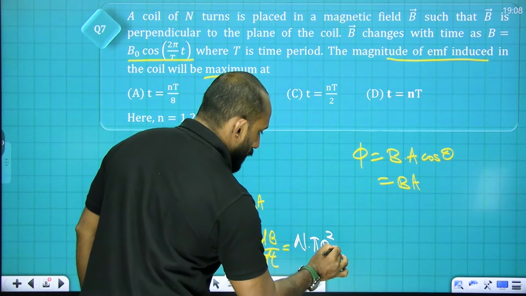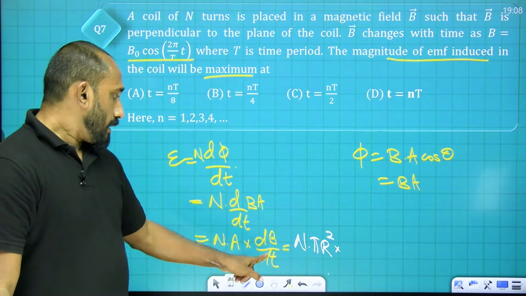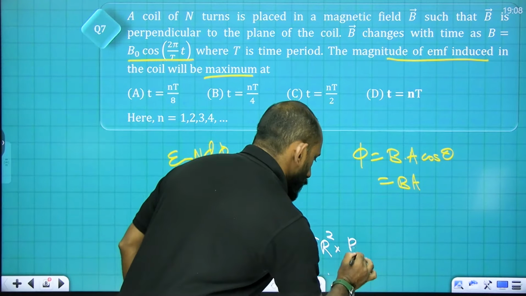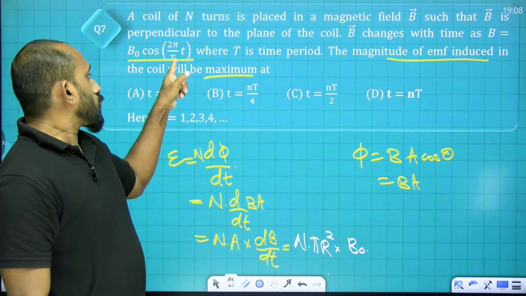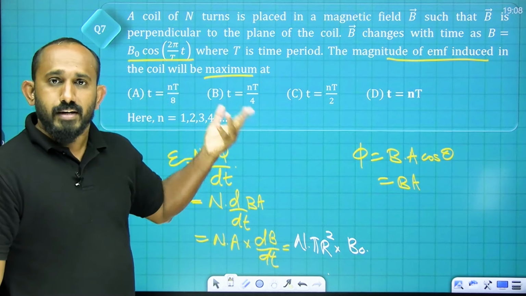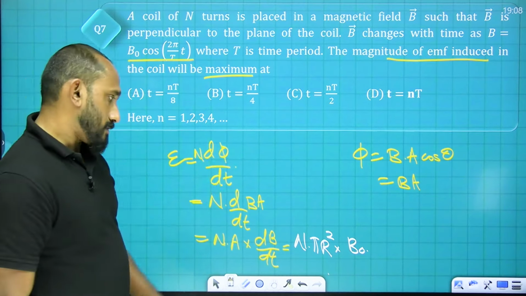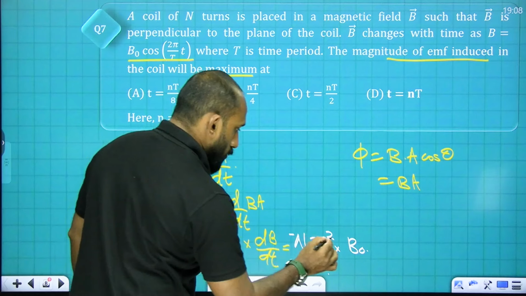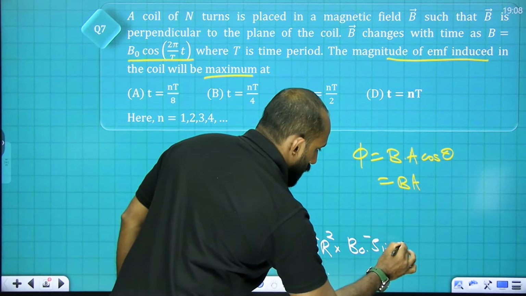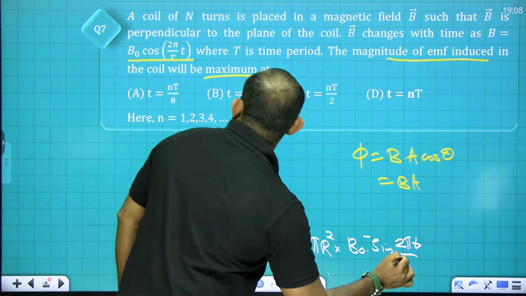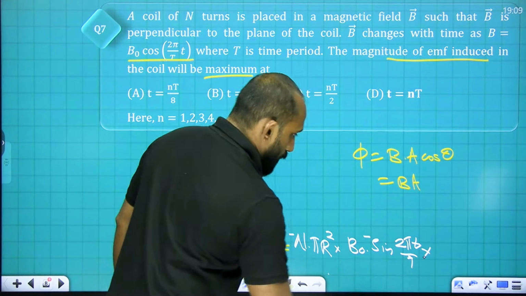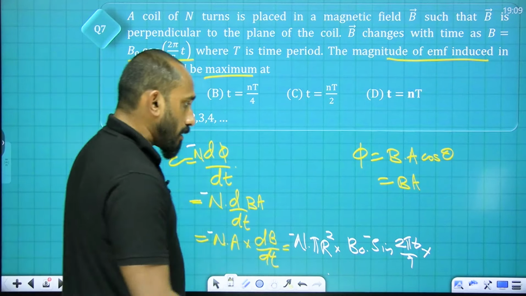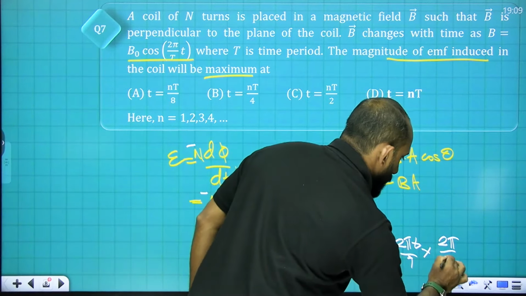It will be pi r square into dB by dt, which is the differentiation of B0 cos(2 pi by T into t). If you differentiate cos, it becomes a negative sign. So negative into sin(2 pi t by T) into 2 pi by T, because 2 pi by T into t is again a function of time. If you differentiate it, it becomes 2 pi by T.